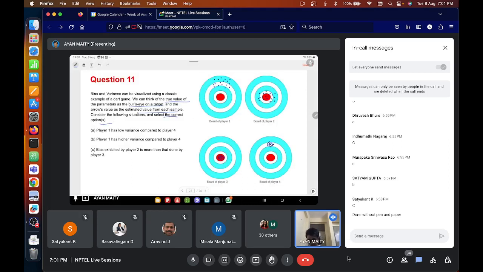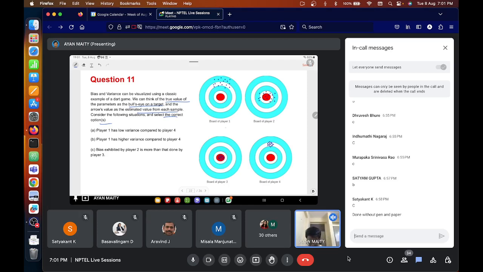Option A says player 1 has low variance compared to player 4, option B says player 1 has higher variance compared to player 4, and option C says bias exhibited by player 2 is more than that of player 3.